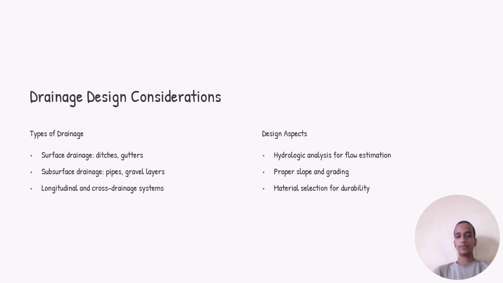depending on the location. And the second is the design aspects, meaning what design considerations we need to provide, like longevity. The lifespan of the drainage system also needs to be considered. The hydrologic analysis for flow estimation needs to be done.